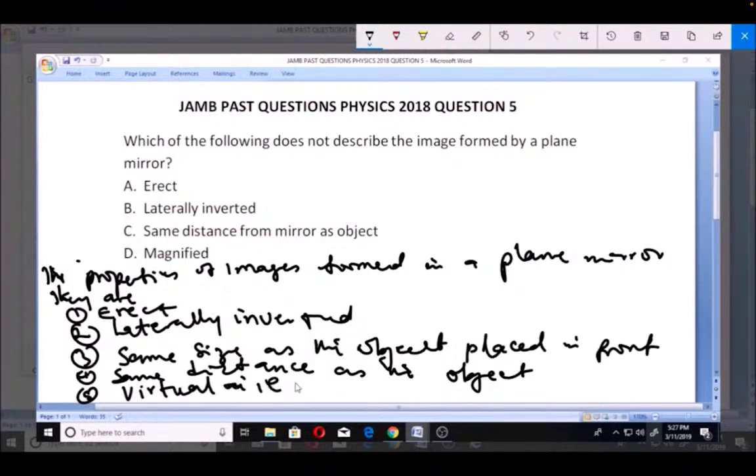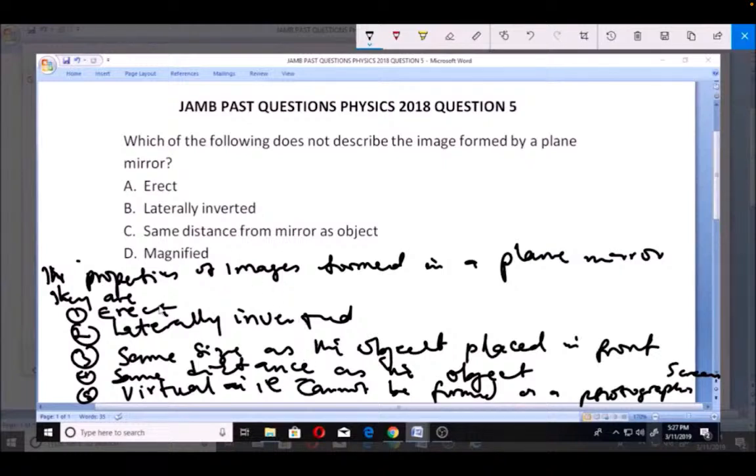That is, cannot be formed on a photographic screen. So all these are characteristics of images formed by a plane mirror.